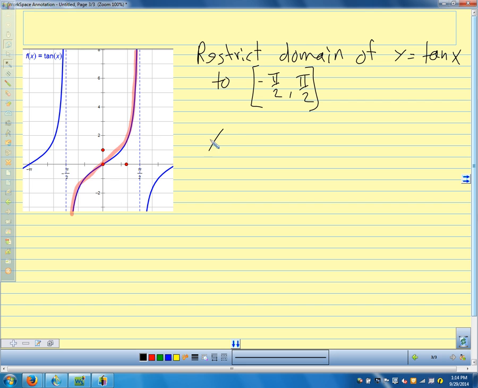And then we get y equals the inverse tangent of x. And this is the angle whose tangent is x. Our inverse trig functions are always angles.